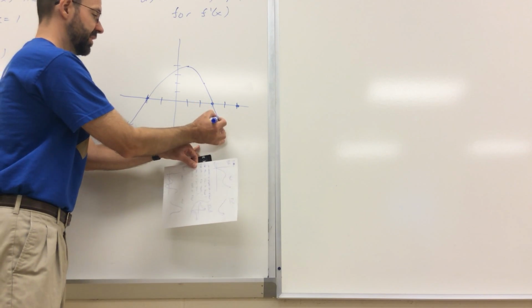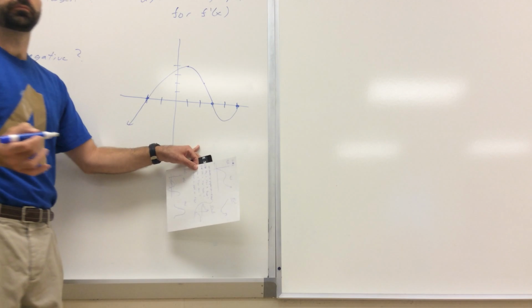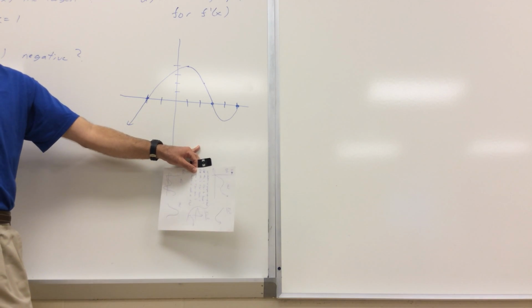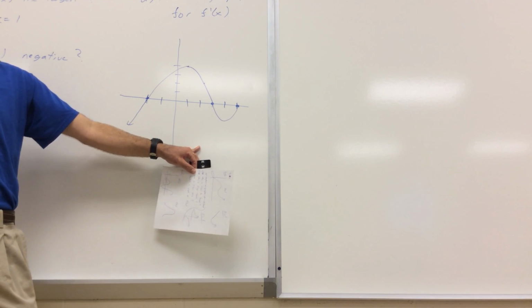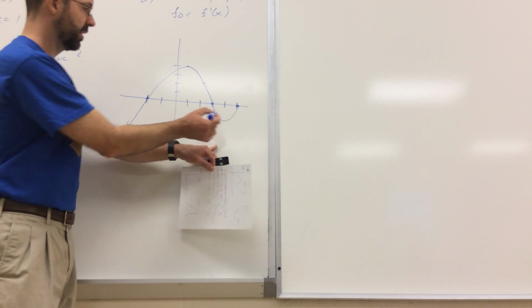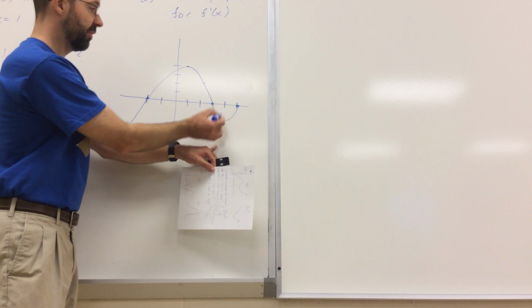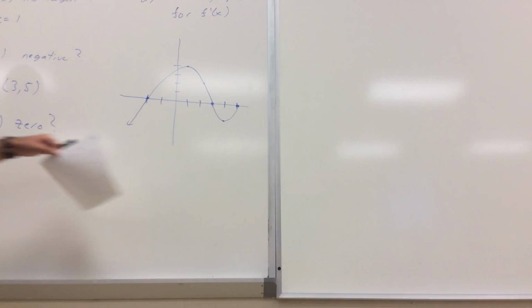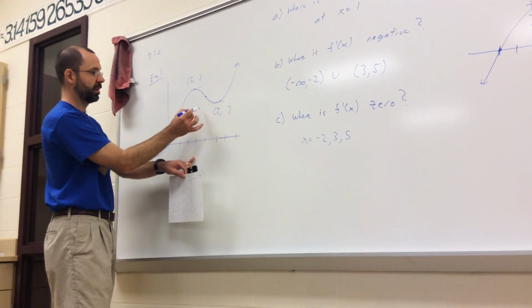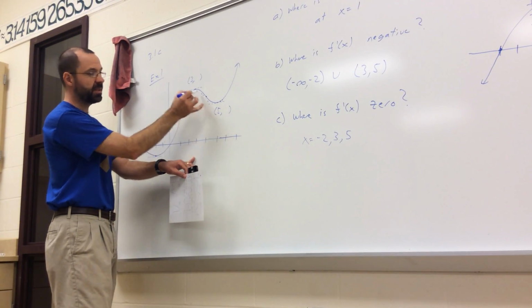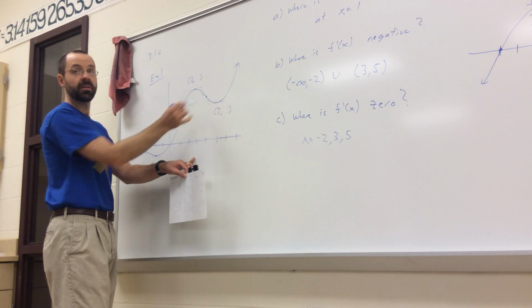So it stays below the x-axis like that. And apparently then, there's a pretty steep negative slope at 4, right? So let's see if that happens. At 4, yeah, it's the steepest negative that it gets.